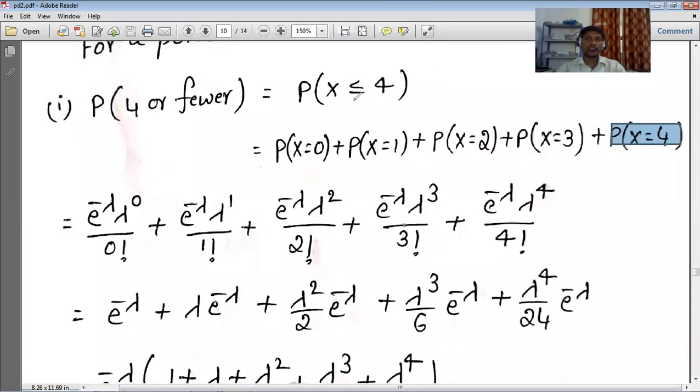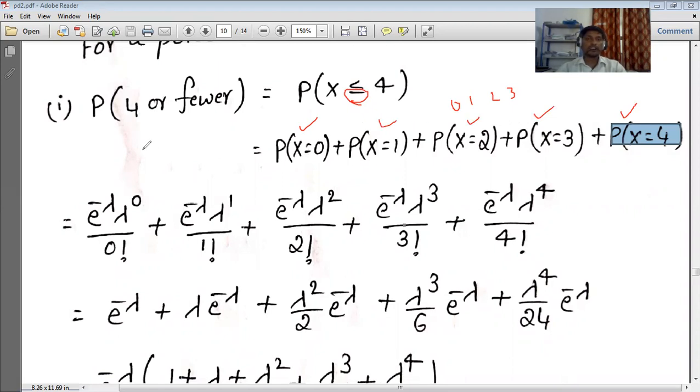Why? Because here it is having r equal to also mentioned, and less than 4. In place of r equal to we are writing equal to 4, and less than 4 means we get 0, 1, 2, 3. Okay, so simply we substitute P of x equal to 0 plus P of x equal to 1 plus P of x equal to 2 plus P of x equal to 3.